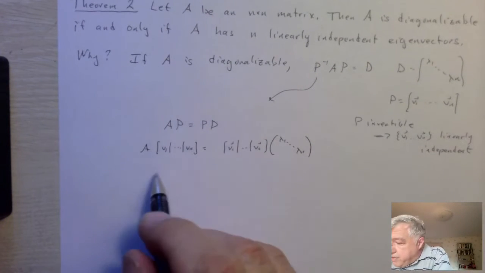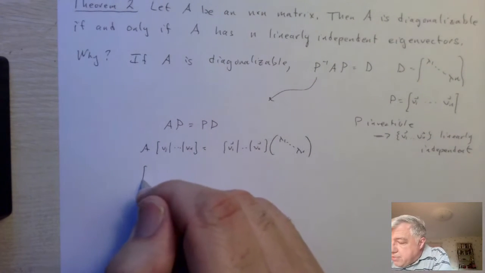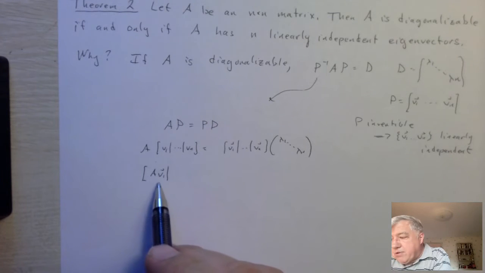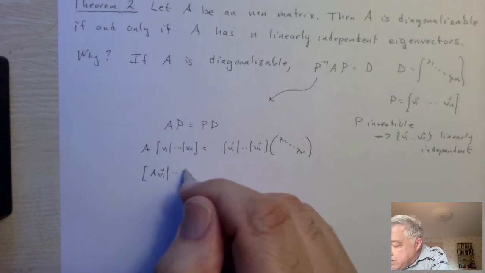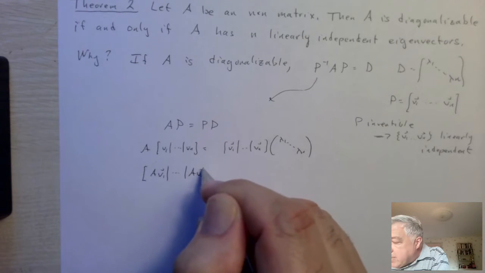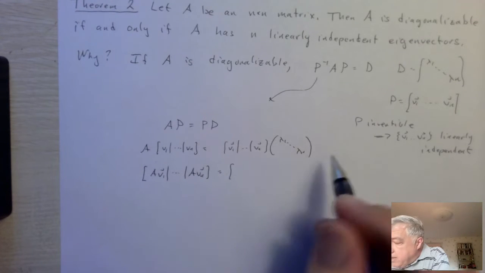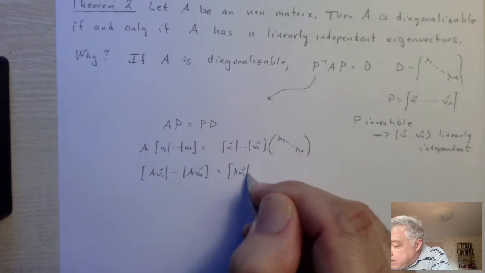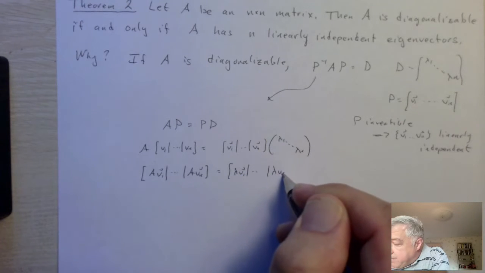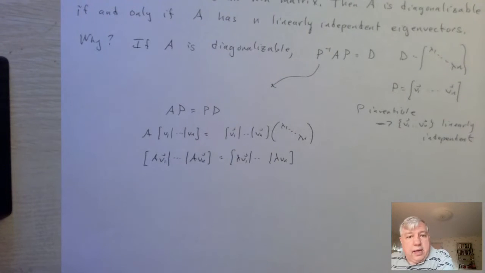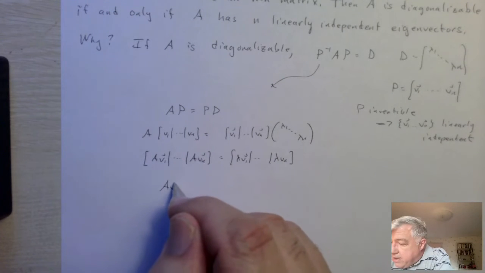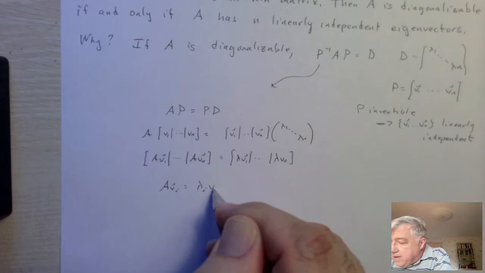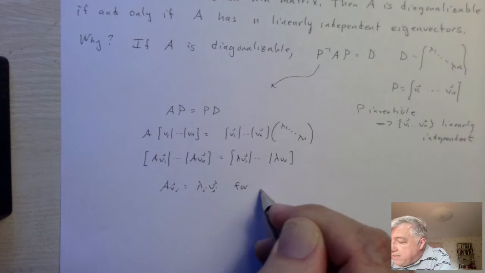What this becomes is, as we mentioned before, AV1 is the first column of the new product, and so on, and the last column is AVn. And when we multiply on the right, we get lambda 1 V1 through lambda n Vn. Okay, and so we get that AVi is equal to lambda i Vi for all i.